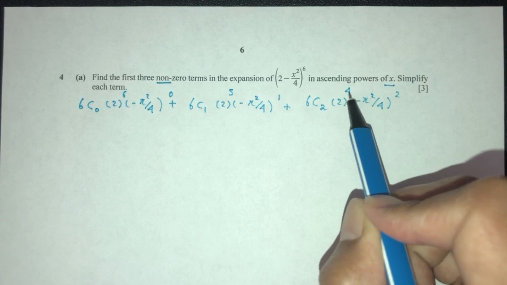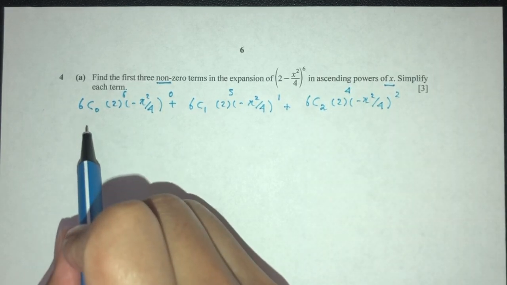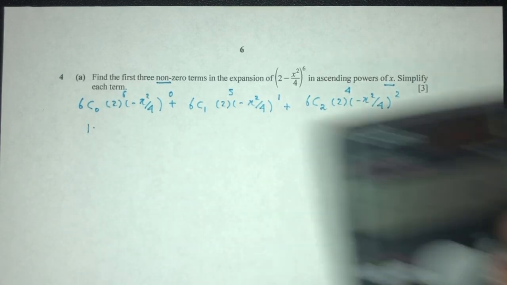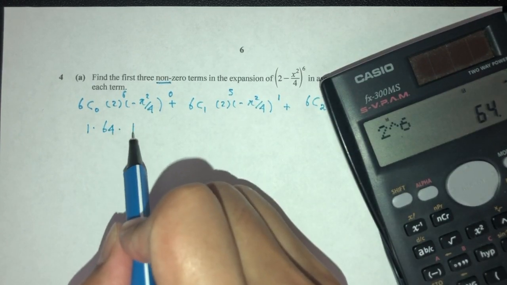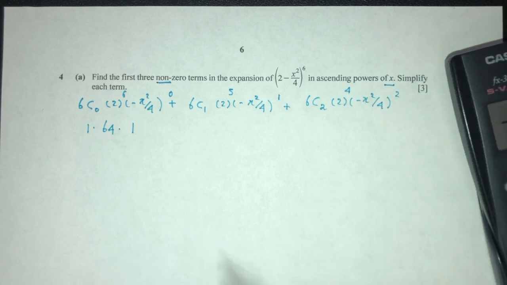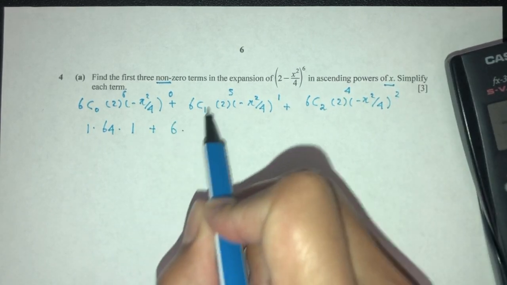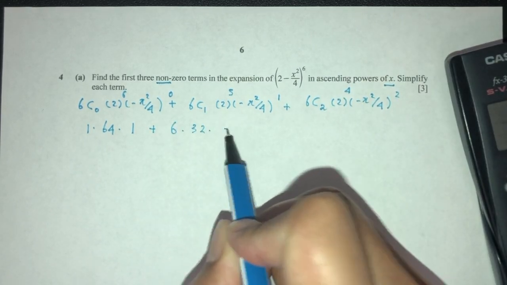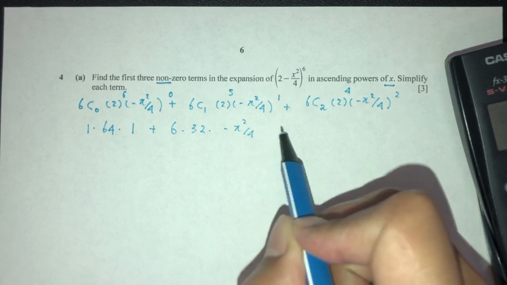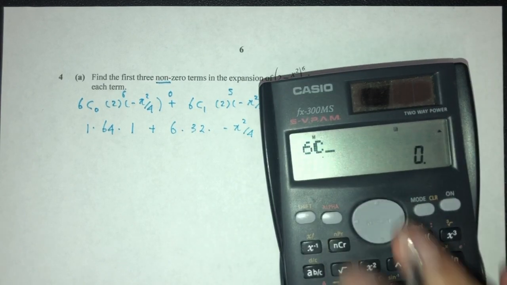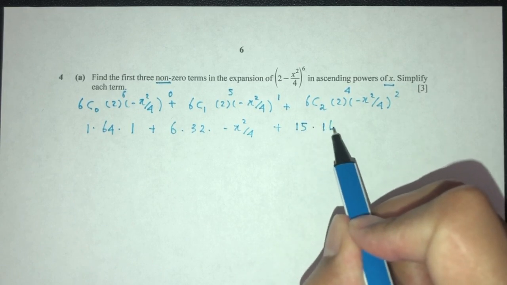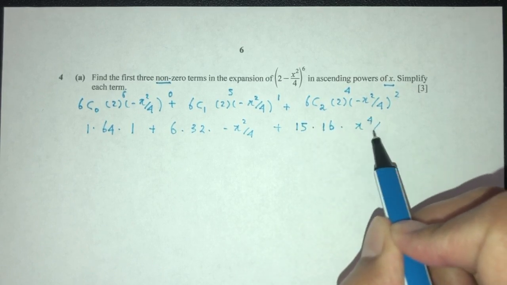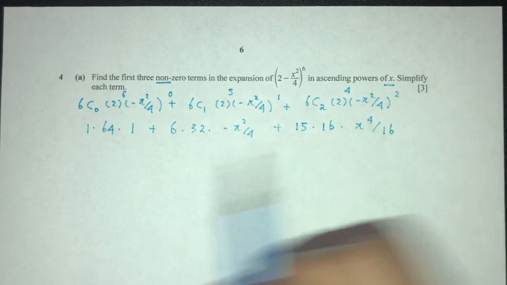Now simplify. This will become 1. 2 power 6 will be 64, and that will be 1. So anything power 0 is 1. Now 6 choose 1 is 6, and that will be 32, and that will be minus x squared over 4. Now plus 6 choose 2 will be 15, and that will be 16, that will be x power 4 over 16.